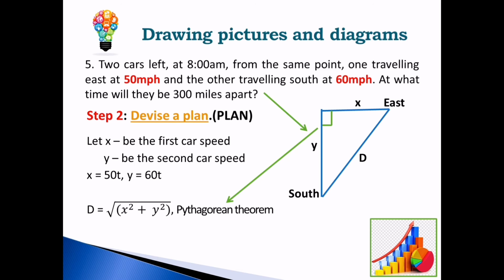Since the second is 60 miles per hour, we write it as 60t. We are going to use these to solve for the value of t, the time required for them to be 300 miles apart, with the use of the Pythagorean theorem because it forms a right angle here.